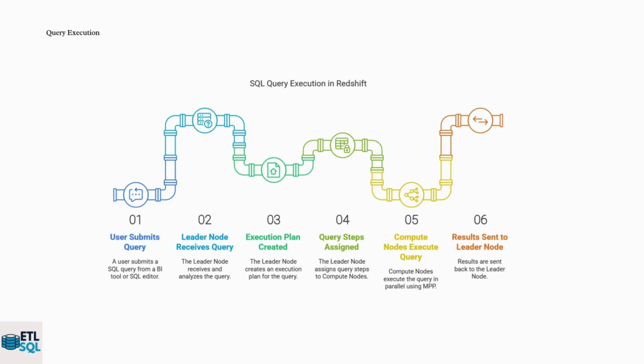And the compute nodes execute those steps accordingly in parallel, and then the compute nodes send the result back to the leader node, which collates the information and gives it back to the user. So that's how the Redshift architecture works, and it makes sure, using MPP system, columnar database and distribution style, that your SQL query executes in a very efficient manner.